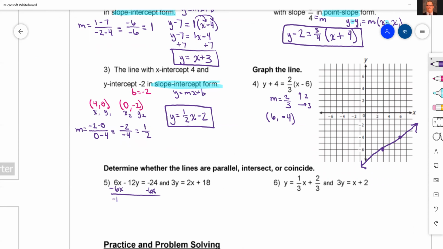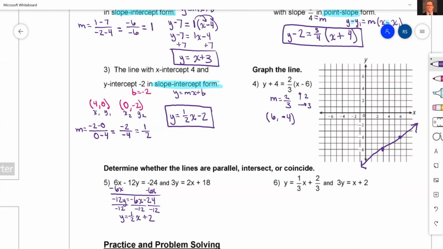We're going to have negative 12y equals negative 6x minus 24. Then we divide by negative 12. It's going to give us y equals negative 6 divided by negative 12 is 1/2 x. Negative 24 divided by negative 12 is plus 2.